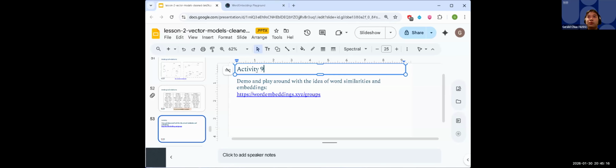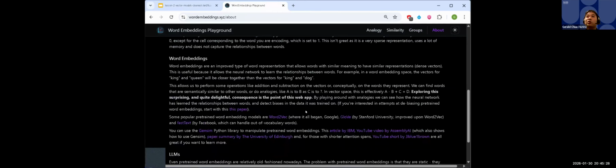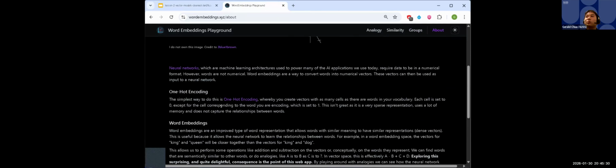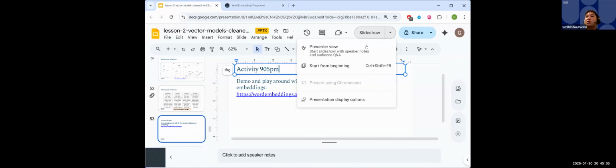You can try it out and take a short toilet break or any form of break that you need. So try out the analogy, similarity, and groups, and you can read the about to understand better about these word embeddings and how this person designed it. Then after that, come back at 9:05 p.m. when you have taken your break as well.